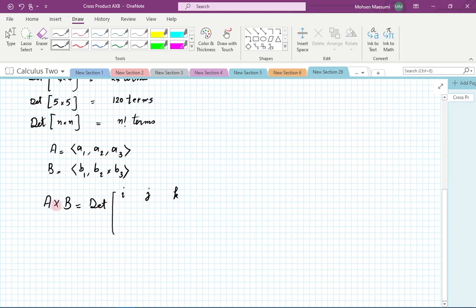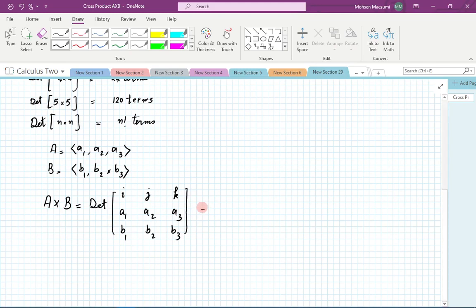The second row is the first of these vectors, which is a1, a2, a3, and the last one is the second of these two vectors, b1, b2, b3. So A cross B can be defined as such a structure.